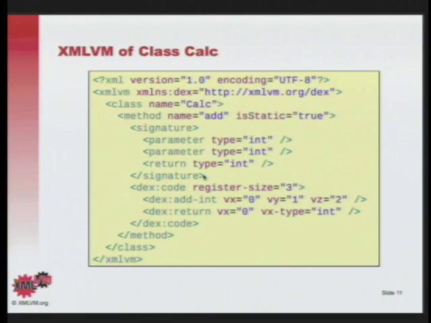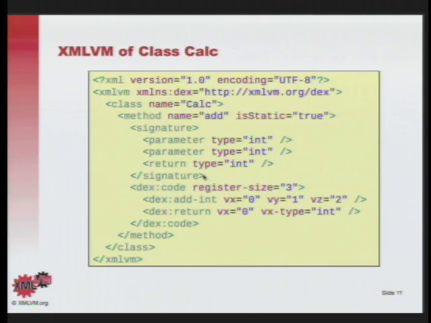It looks a little bit complicated, but if you take a closer look, it's actually not that difficult to understand. On the top level, you have a tag called class, that is your class definition. Then you have a method that is the add method we had before. You have attributes to denote the various properties, the modifiers for this method, like in this case it's a static method.